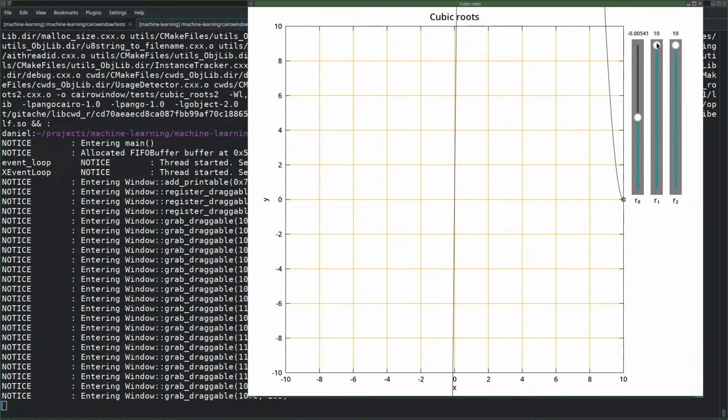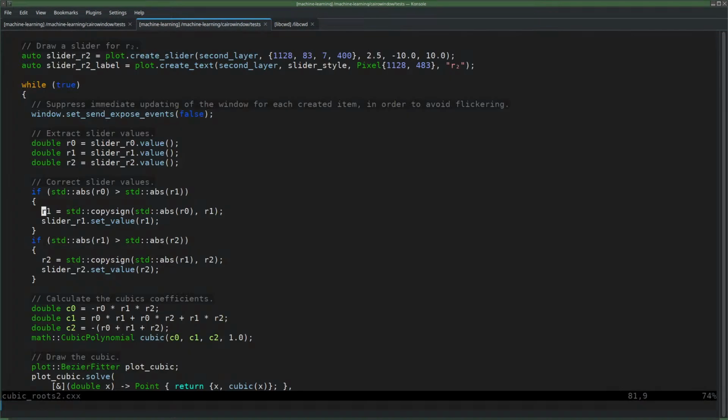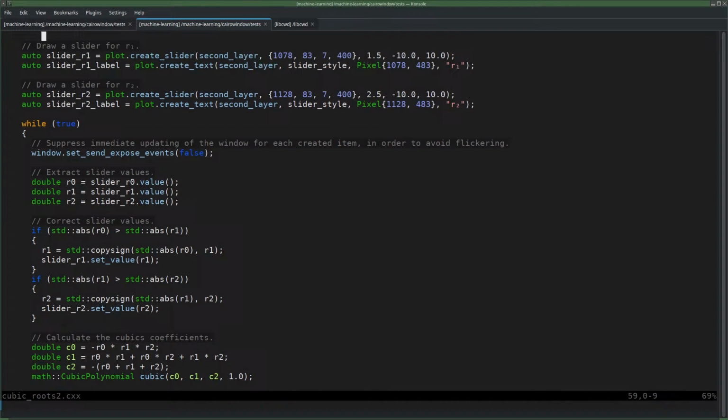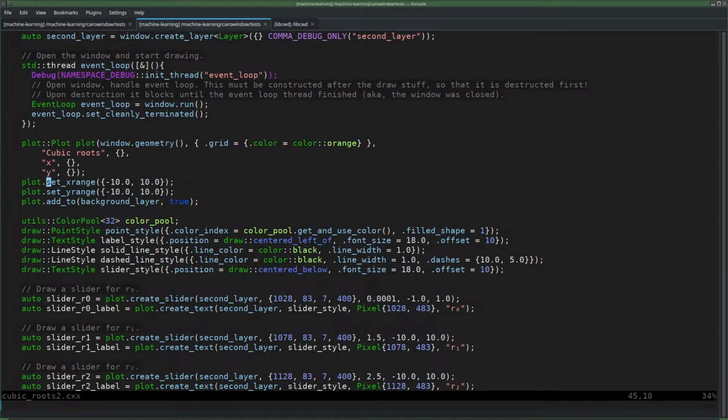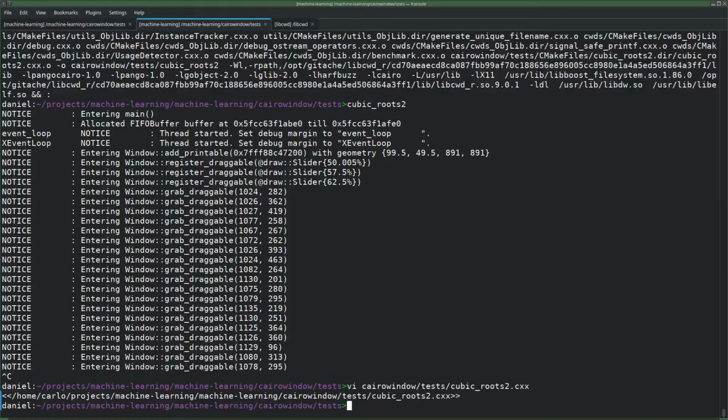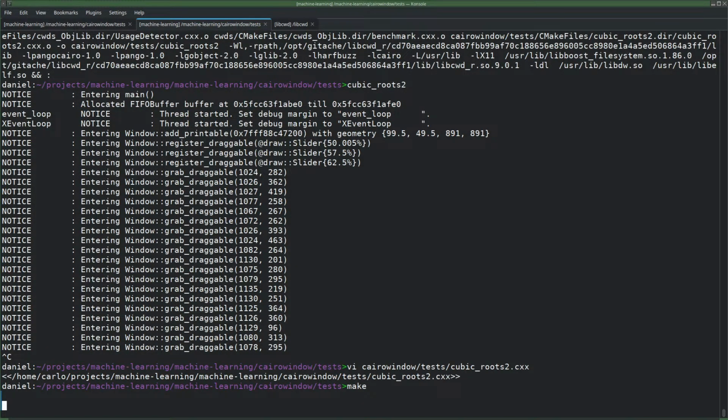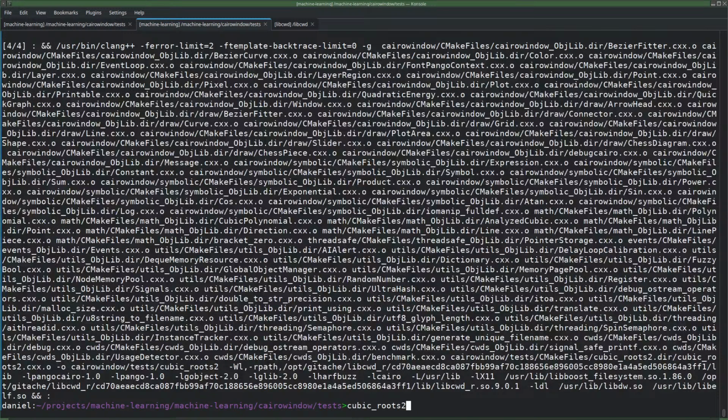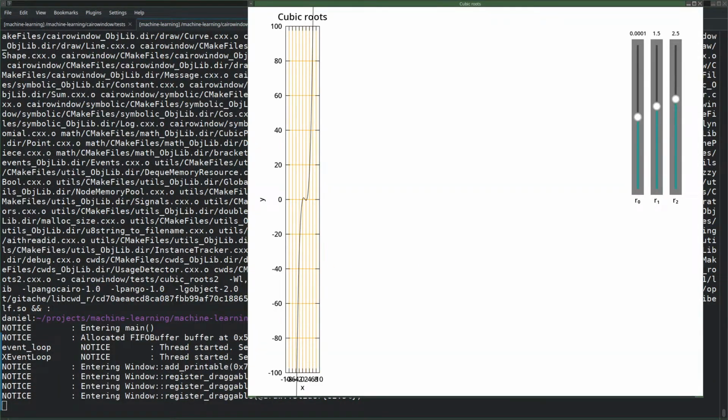So we go up till 10, and how high do we go? Just make vertical till 100 for the moment. You can see what happens. No, not what we want.